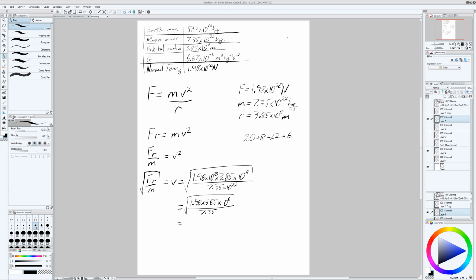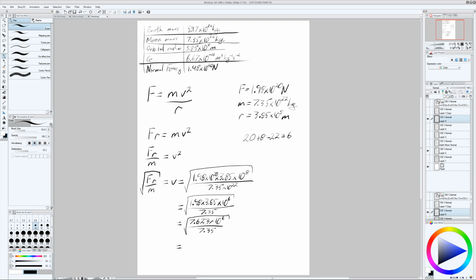I'll just use the calculator, and sorry for not having that showing up. 1.98 times 3.85 is 7.623, times 10 to the 6, divided by 7.35. So it's going to be pretty close to 1 times 10 to the 6, which is quite nice.